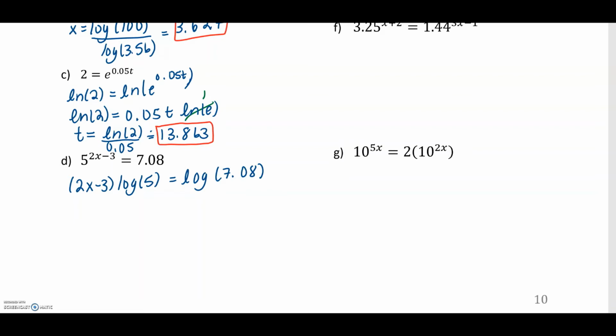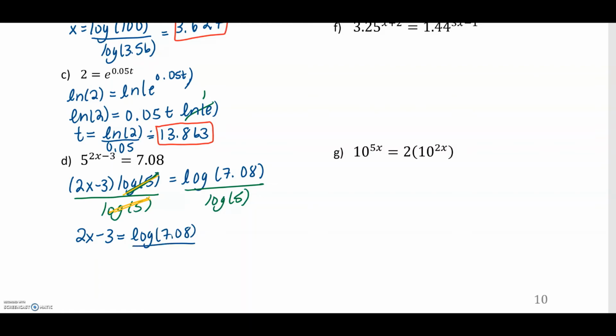Now, to solve this equation, we want to divide both sides of the equation by log 5. So on the left-hand side of the equation, our log 5 cancels out. We are left with 2x minus 3 is equal to log of 7.08 divided by log 5. And now we need to solve for x.